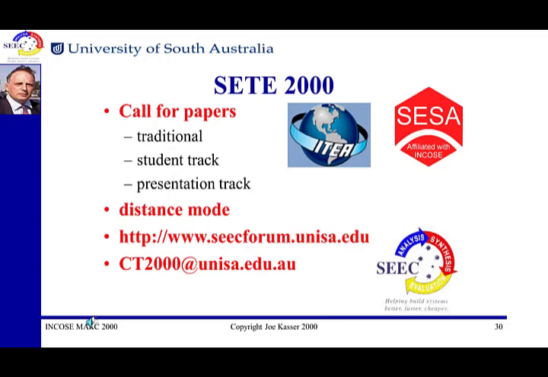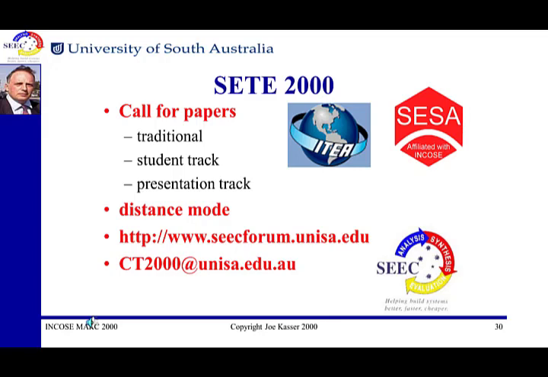So why not take part in the experiment and publish a paper at the same time at the CT 2000 conference in Brisbane, Australia in November? The theme of the conference is Systems Engineering and Test and Evaluation in the Changing Environment of the 21st Century. The call for papers should be out by the time this presentation is made. We're going to have a distance mode track.